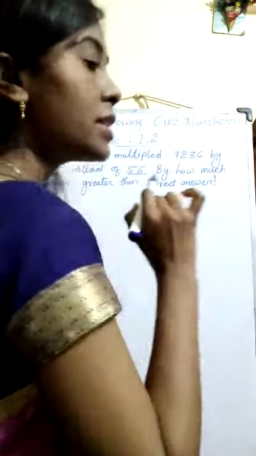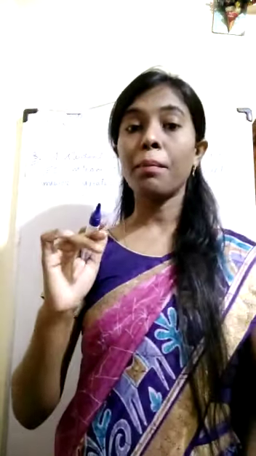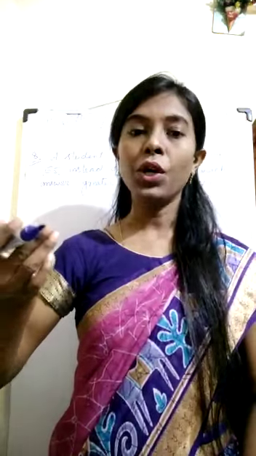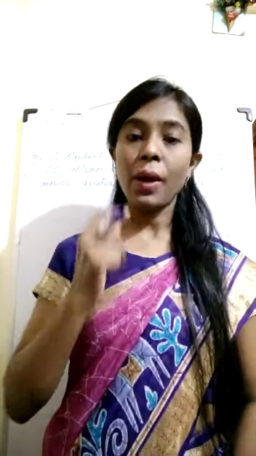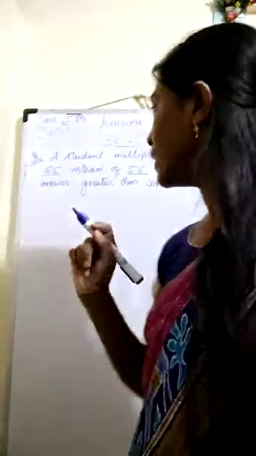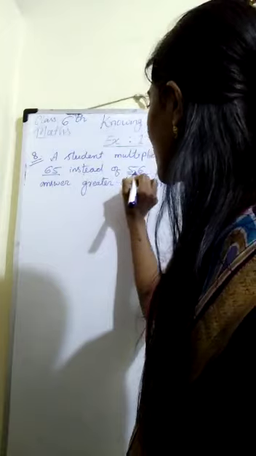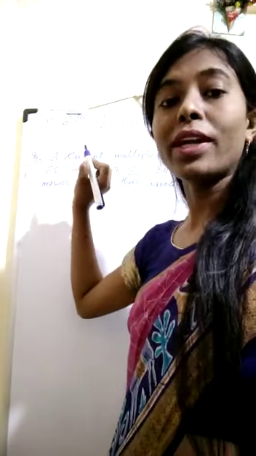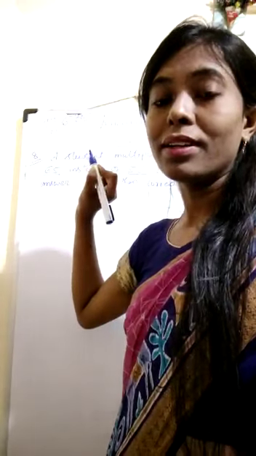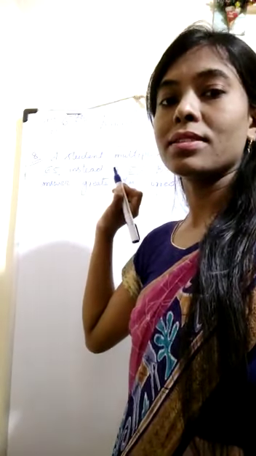Obviously, if you multiply the number by the bigger number, you will get the bigger answer. And if you multiply with the smaller one, you will get the smaller answer. But here, instead of 56, he multiplied with 65. That means the answer he got is bigger than the correct answer.